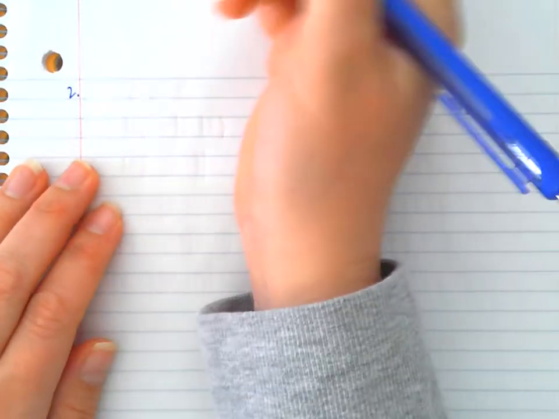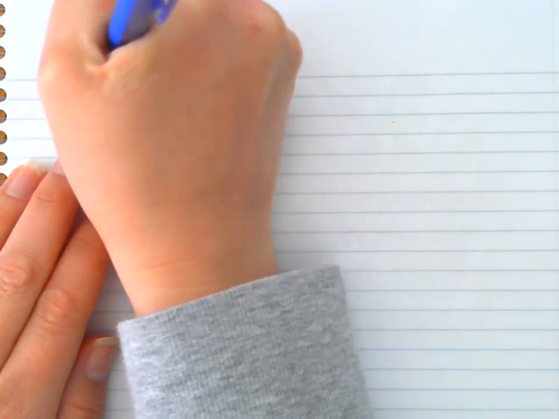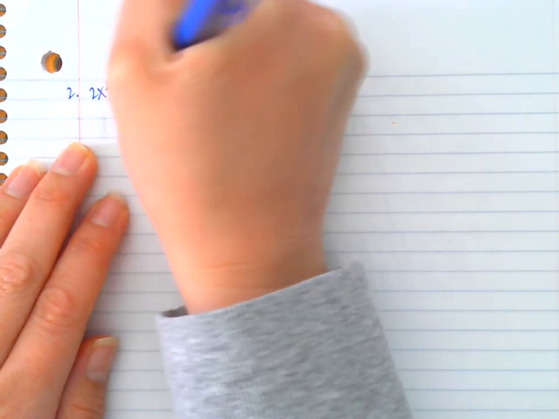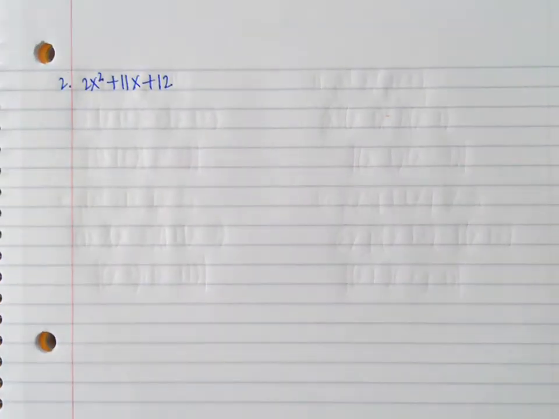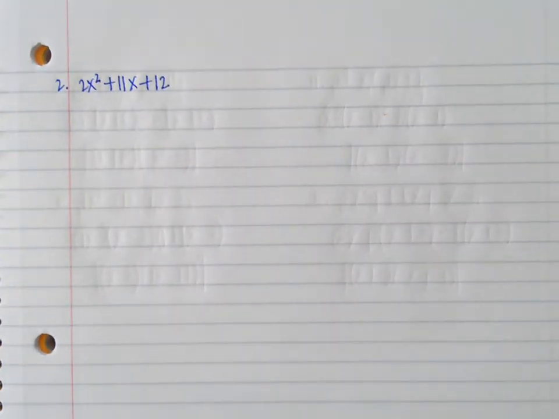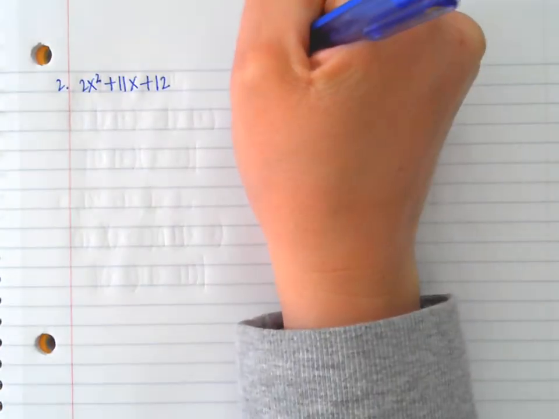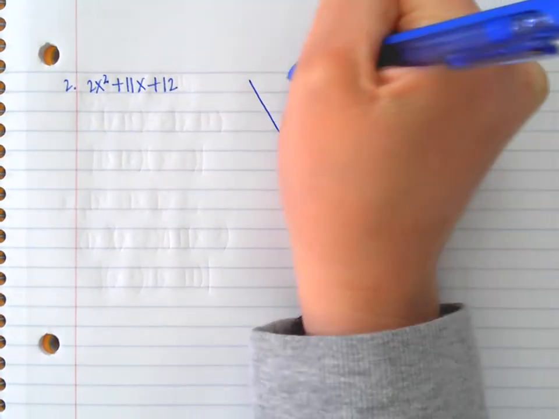Okay, so we are on 2. And so that's going to be 2x squared plus 11x plus 12. So the first step is always the same. There's nothing crazy with this. We always start the same way. We draw our x in.